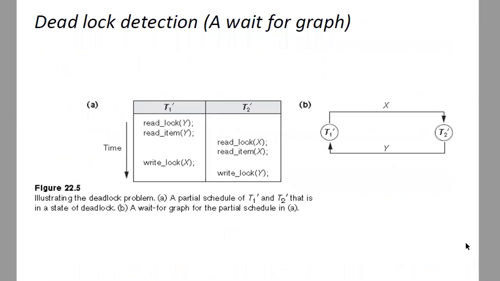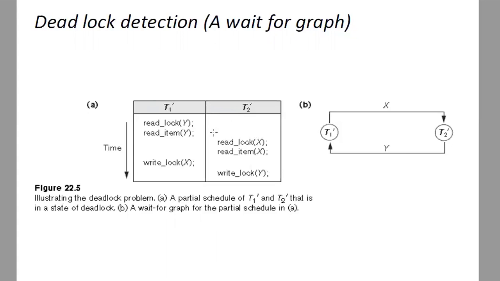So you can understand from this diagram. Here you have two transactions, T1 and T2, right? Read lock Y, read item Y, and then here read lock X, read item X, write lock X, and then write lock Y. So a non-serializable execution takes place in this particular schedule, right?